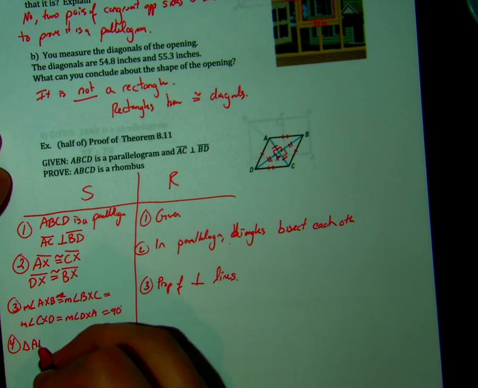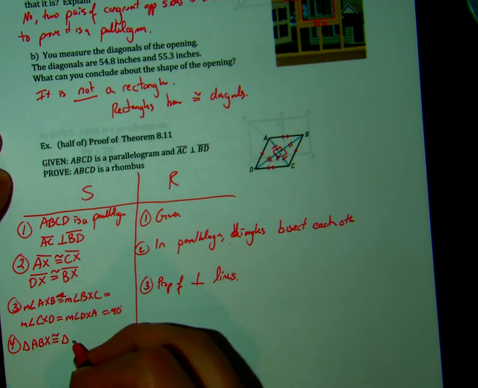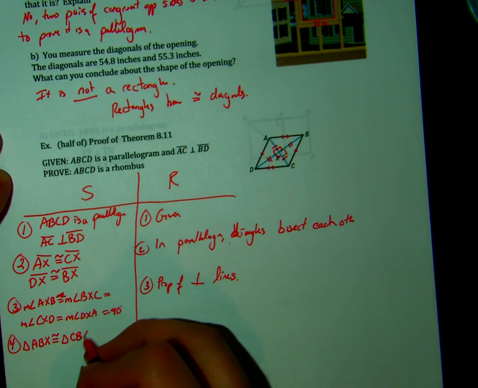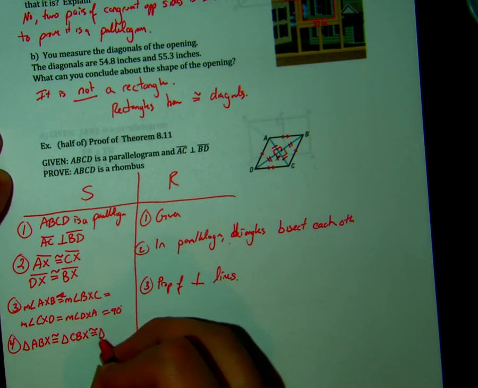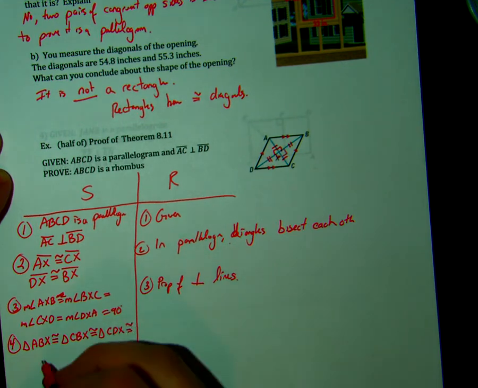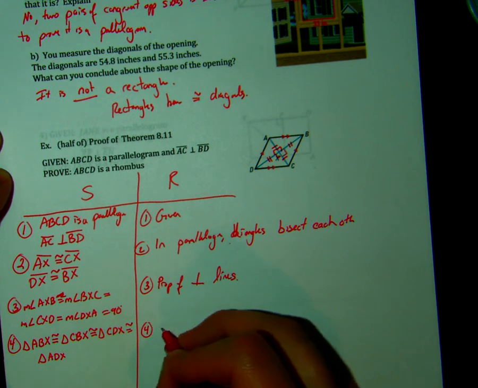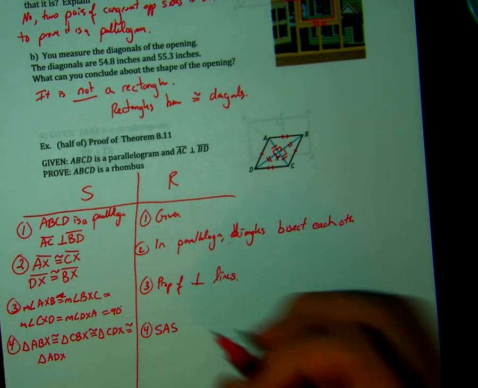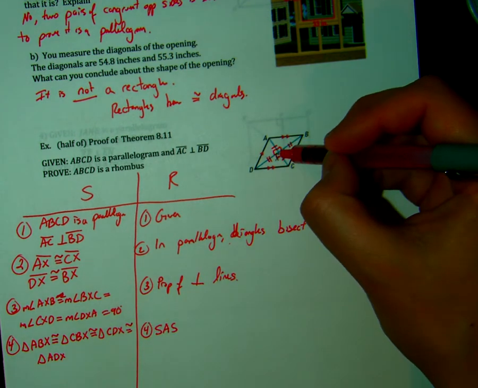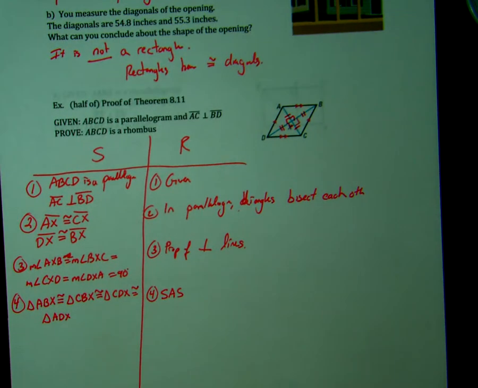I'm going to call this triangle ABX congruent to triangle CBX, which is congruent to triangle CDX, which is congruent to triangle ADX. And these are all congruent by side, angle, side. So they all have a one tick mark side, then a right angle, then a two tick mark side. Okay, so we have actually four of these.